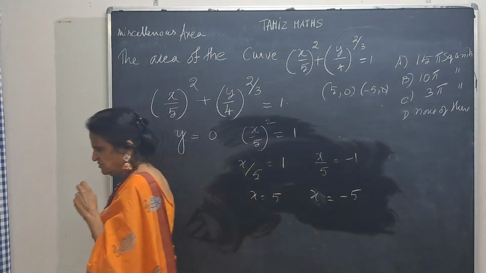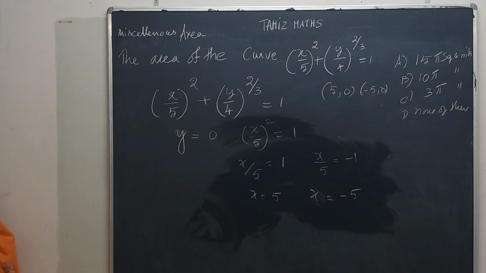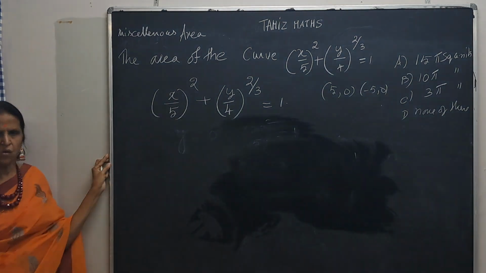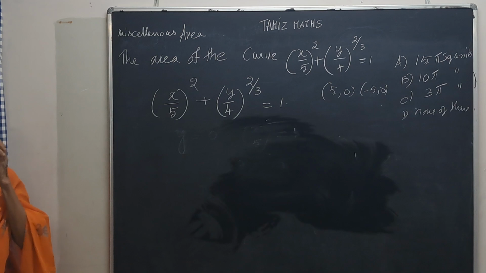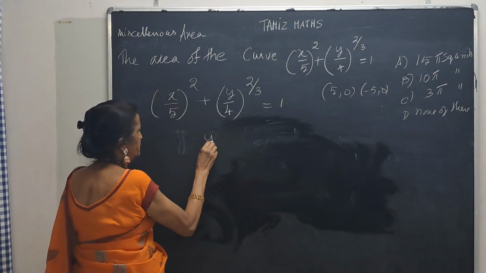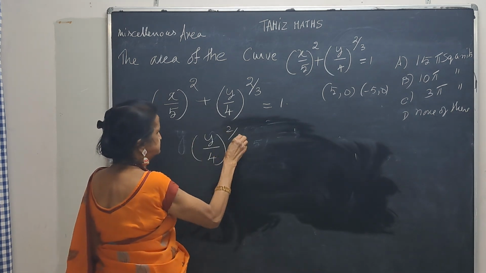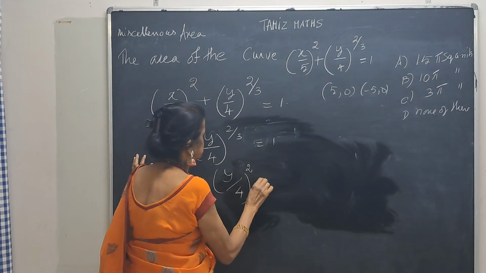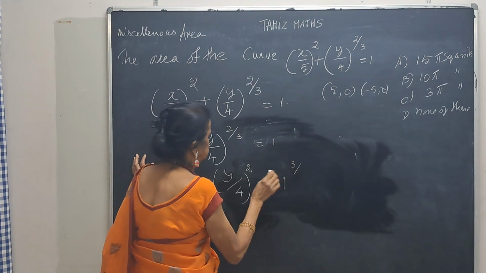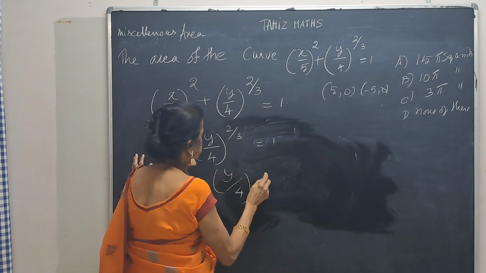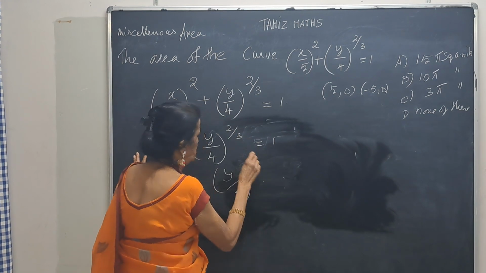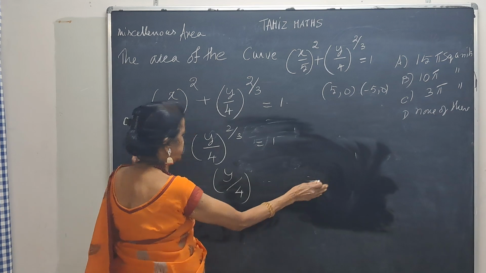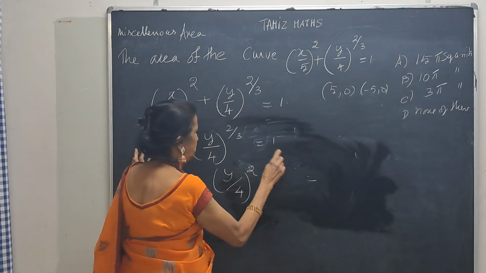Next, put x equal to 0. This is 0. Raise to the power of 3 both sides, so (y/4)^2 will be 1.